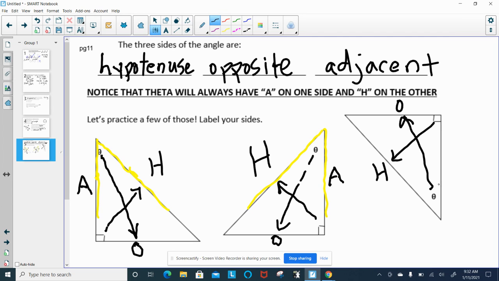And then next to theta, adjacent. And again, I'm going to highlight that angle. And you can see that on one side, I have A, and on the other side, I have H. We're going to need this as we go forward with learning about trigonometry.